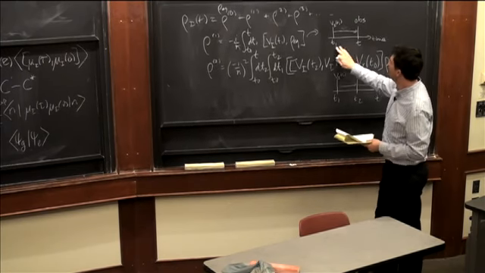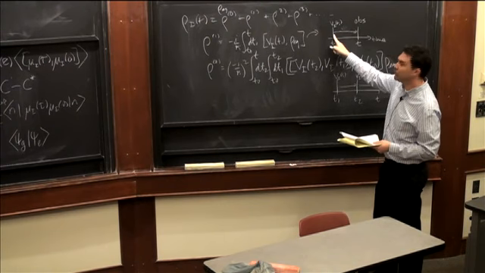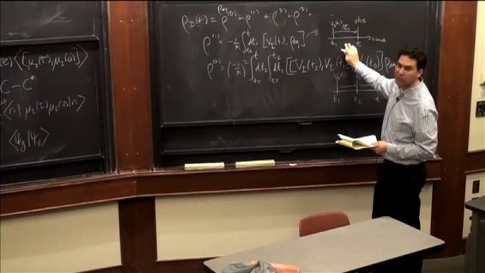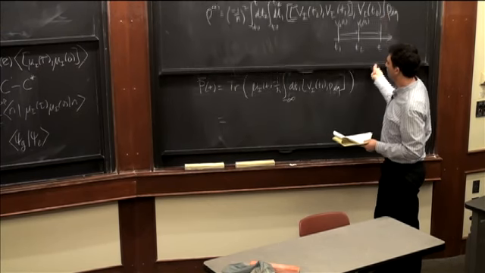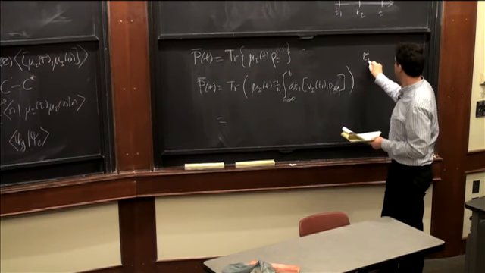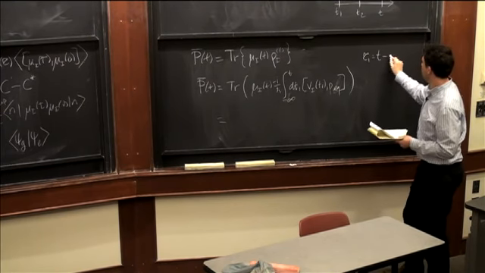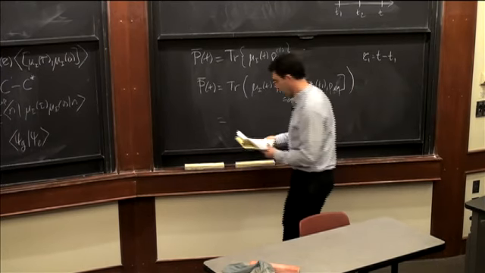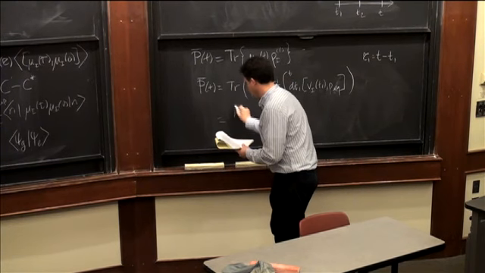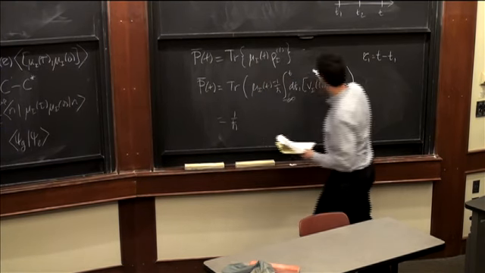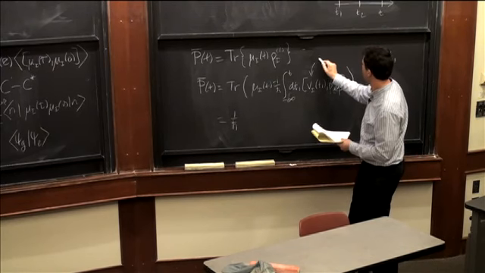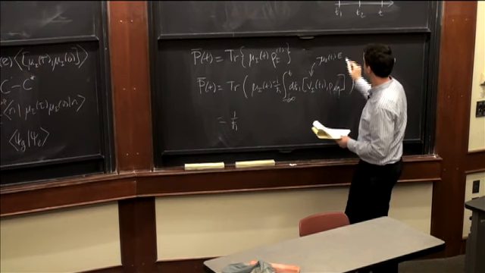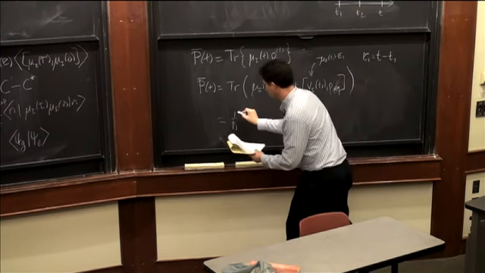The way we're going to label time variables is t's will refer to a point of interaction and a point of observation, and we'll use tau's as time intervals, the difference between those two. So let's define tau 1 as being t minus t1, and I'll let you do the variable transformation here, and you can convince yourself after substituting minus mu I of T1 dot E1 what this looks like.